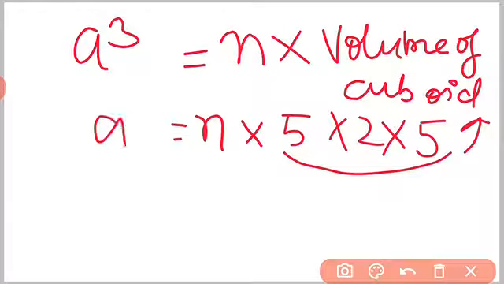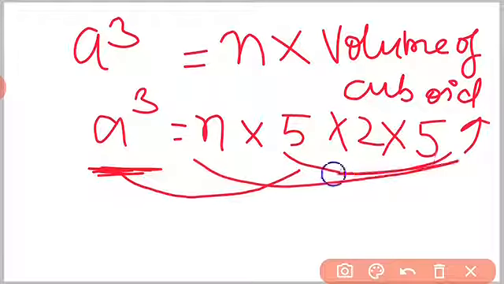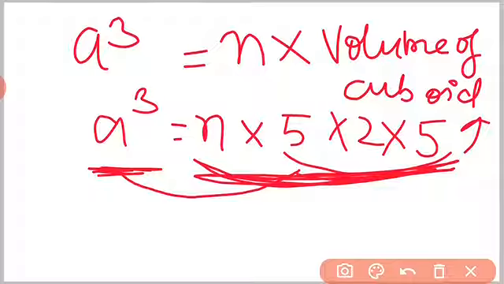Now here we see that over here it is a cube number. A cubed means here it will come a cube number. It will be equal to this side only when this also forms a cube number, or it is a perfect cube. Here we see that 5 is not making a triplet, 2 is also not making a triplet. So here also there should be a perfect cube.